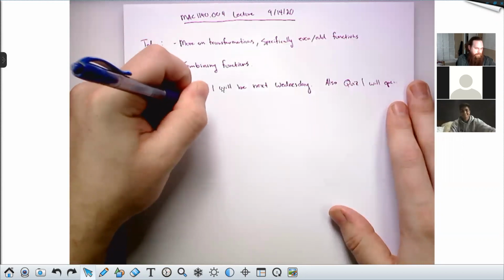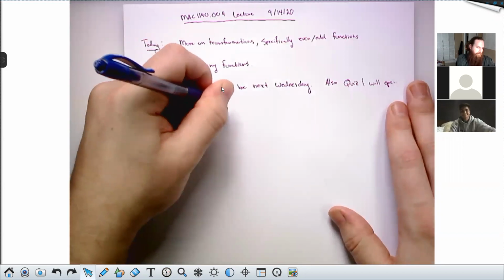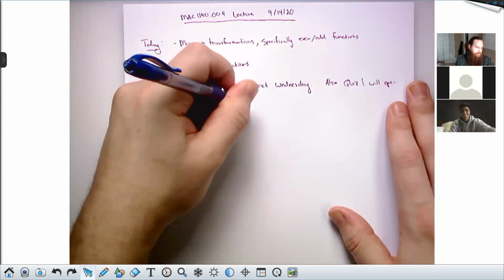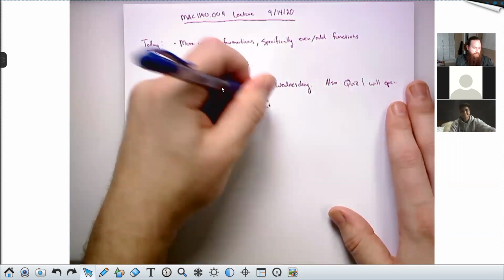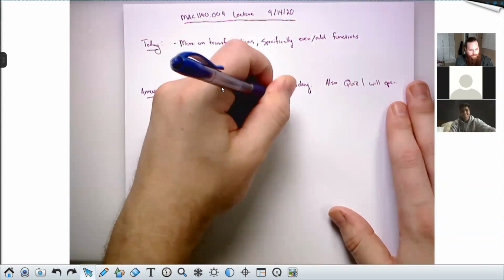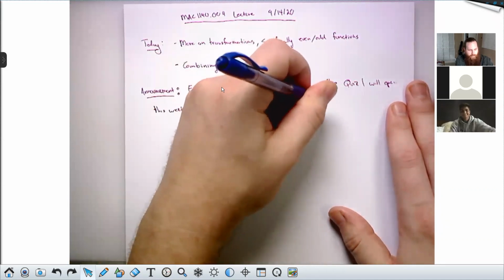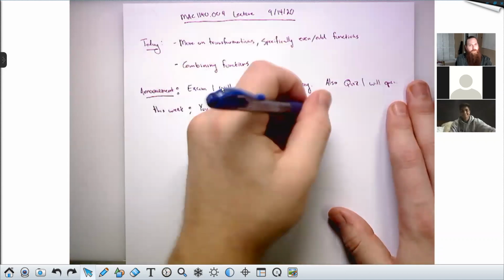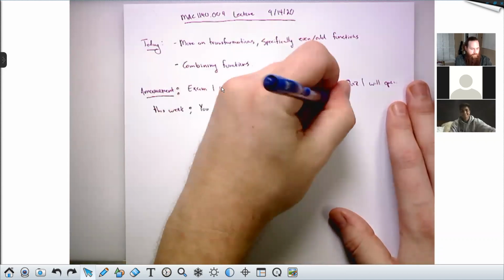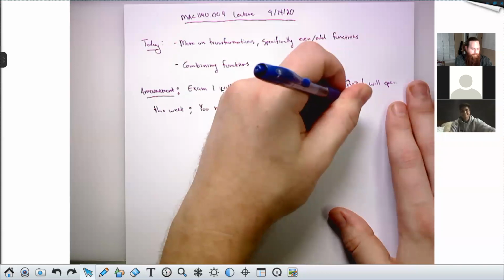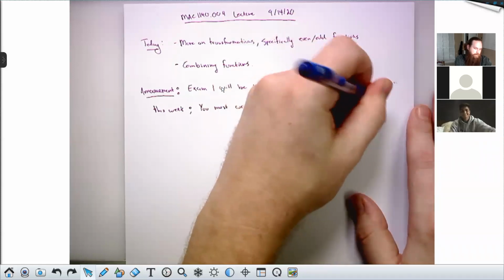So you must write neat, legible, organized solutions. Have I been redundant enough there? I got to be able to read them. Solutions to the quiz problems.